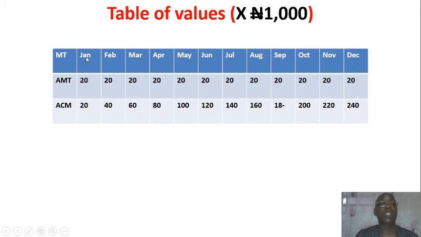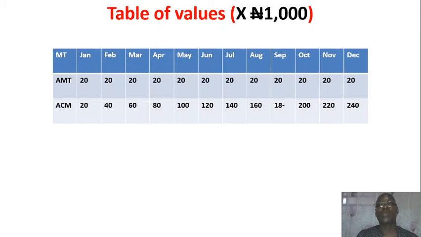What is going to be the amount at the end of January? It is 1, because the month January is represented by 1. Multiply 1 by 20, you get what? 20. At the end of September, you are going to get, this is not 18 minus, it is just 18. September is the 9th month of the year. Use 9 to multiply 20,000 naira, you get 180,000 naira.